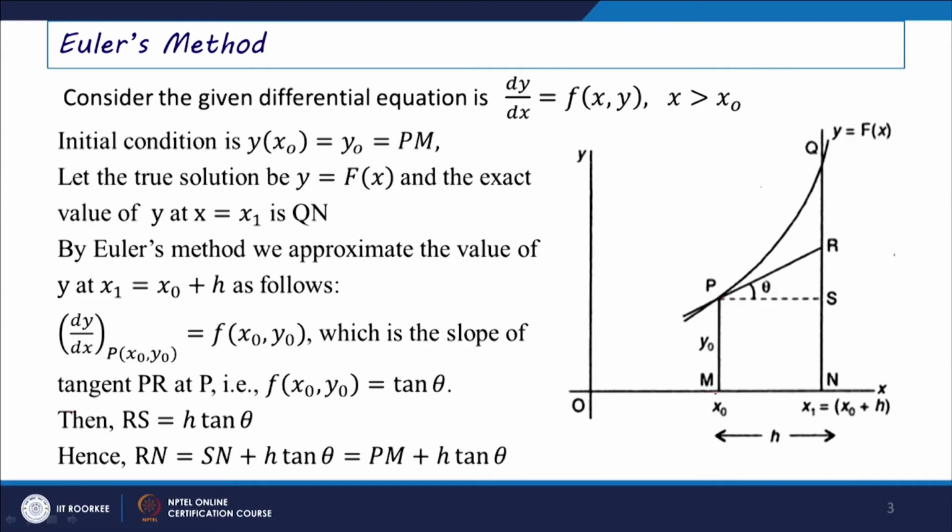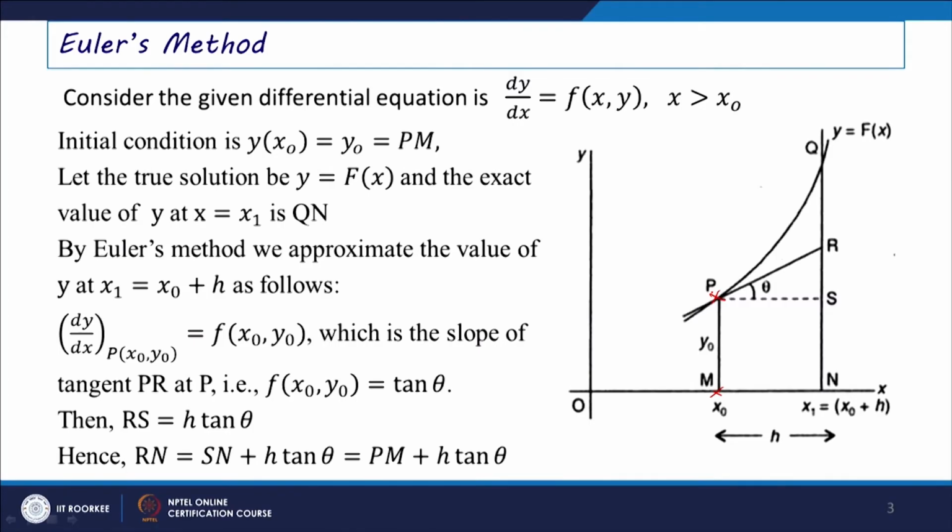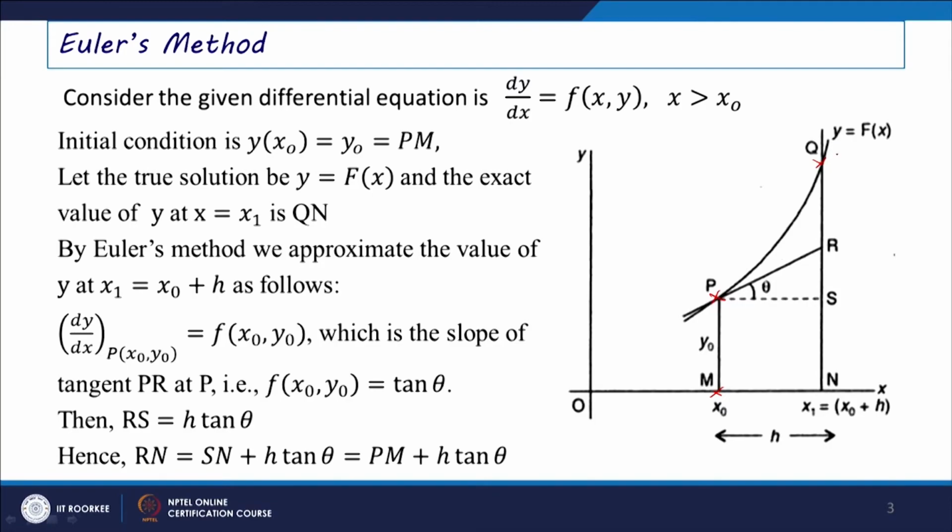x0 means at this point we put x0 here, and corresponding to this we have a y0 point, and at that point the slope dy by dx can be formed with a tangent. If we consider y equals f of x as the true solution, and the exact value of y at x equals x1, on that curve we consider a point Q, which is y1.